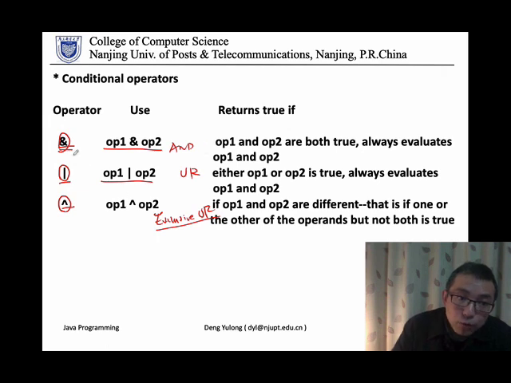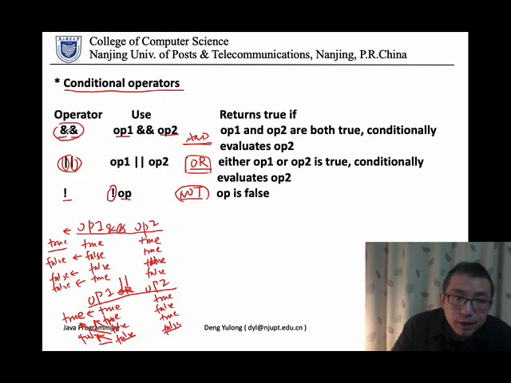But if we use single ampersand or single bar to do the same, to do the AND or the OR, what is different between them? Okay, this is a very important idea in these conditional operators. Well, let's go back to this double sign.